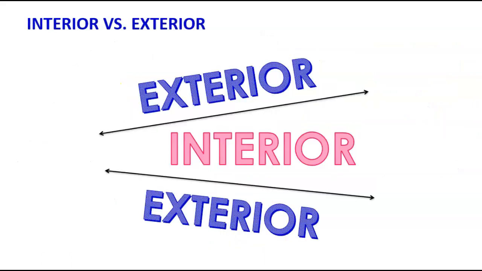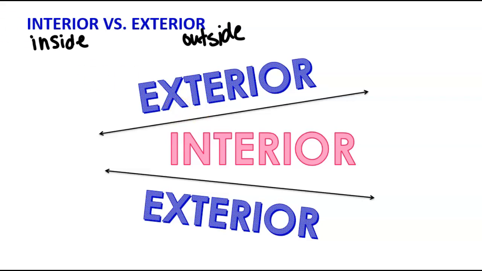Okay, so before we get started with the special angle pair theorems, we need to talk about a few vocabulary words. These are really simple. It's just interior and exterior. And you guys know what interior and exterior means. Interior just means inside, and exterior would be outside. Now, what are we talking about? Inside and outside of what? Well, we're talking about two lines here.